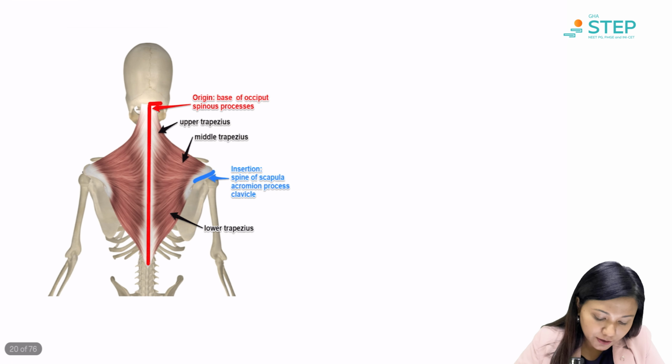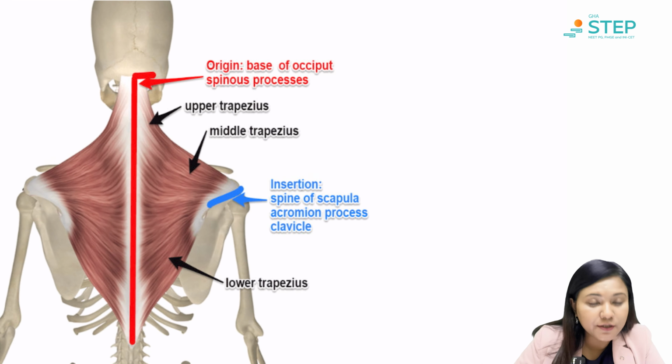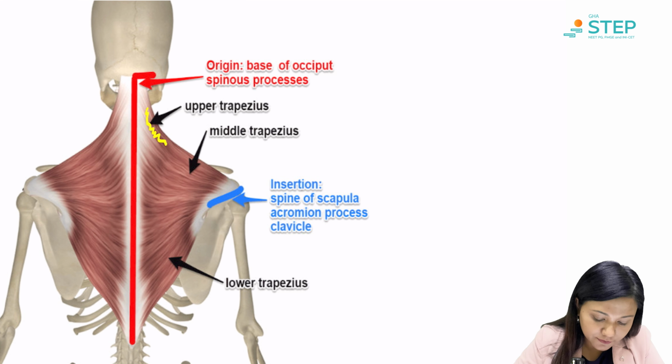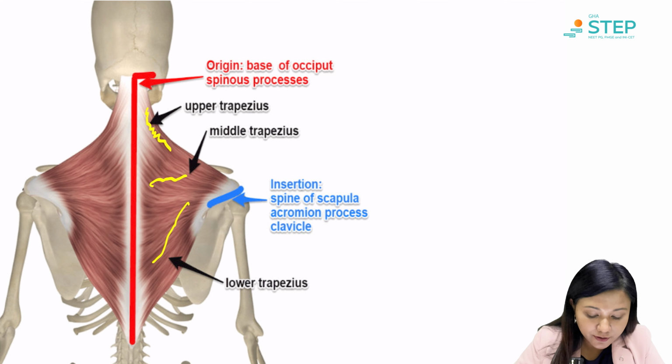Now, what will happen if there is injury to the spinal accessory nerve? The trapezius has three fibers: the upper fiber, the middle fiber, and the lower fiber. The upper fiber helps in elevation of the scapula. The middle fiber helps in retraction of the scapula, and the lower fiber will depress the scapula. So this entire trapezius muscle is involved in the scapulohumeral rhythm.